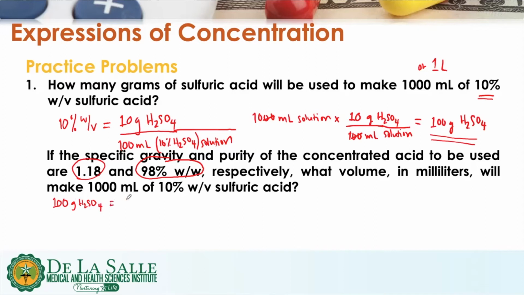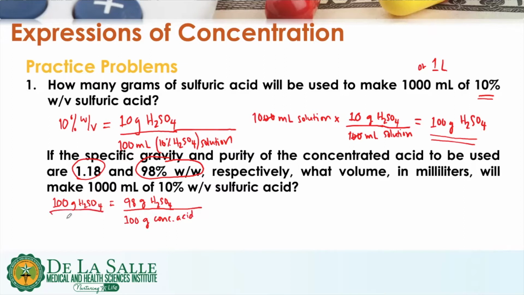And now we know that we will be using a 98% weight of sulfuric acid. And that means that is a very concentrated solution of sulfuric acid with a weight of 98 grams of sulfuric acid for every 100 grams of the concentrated acid solution.